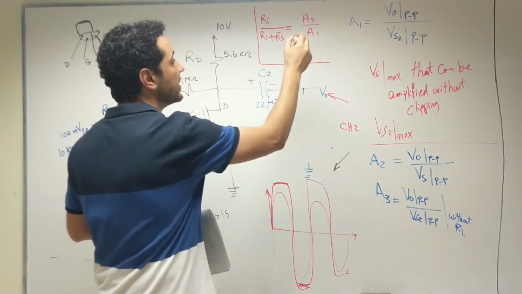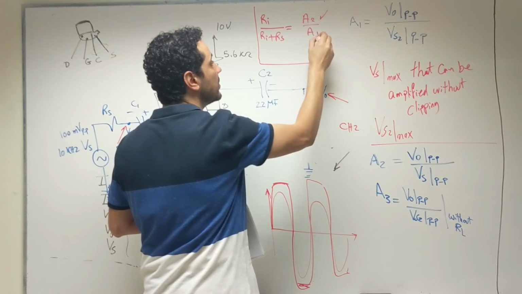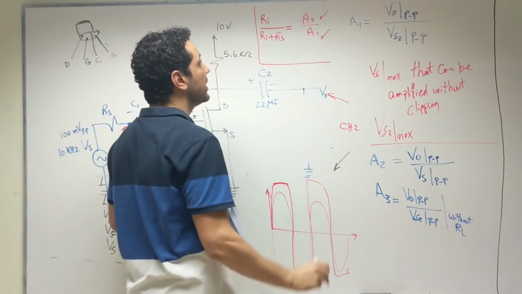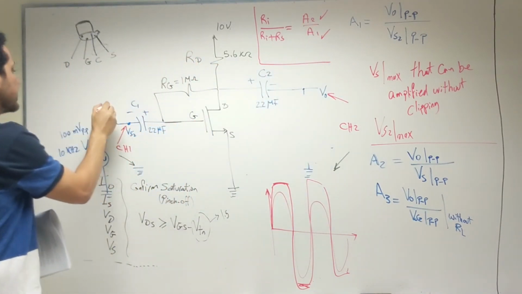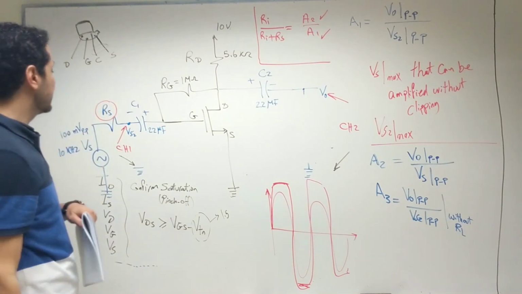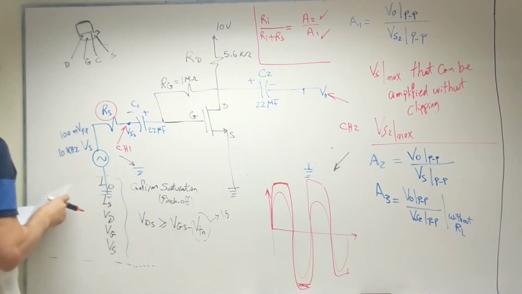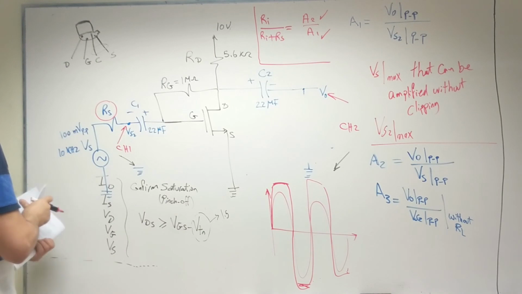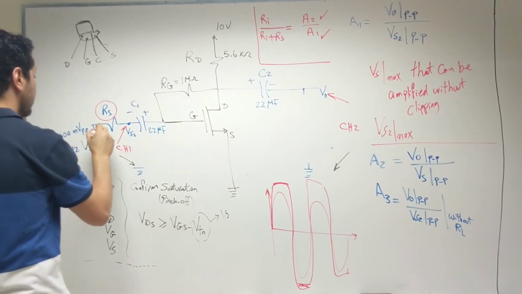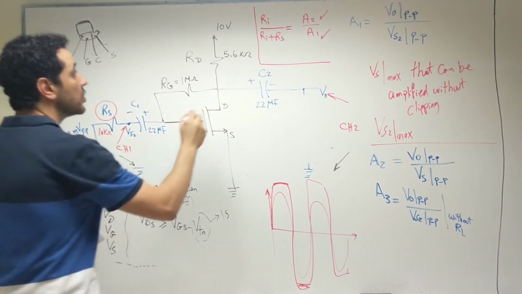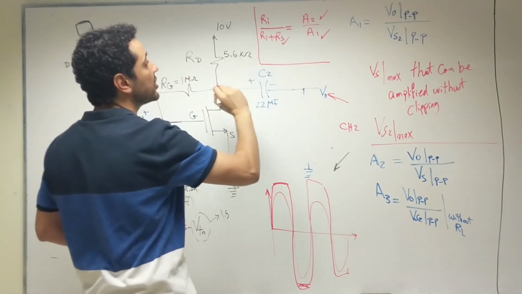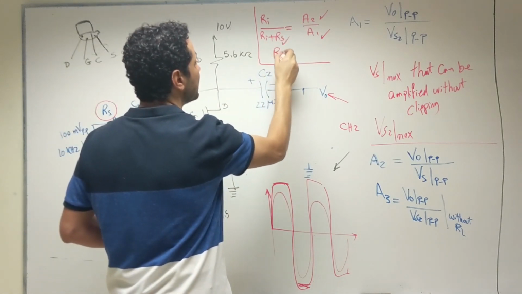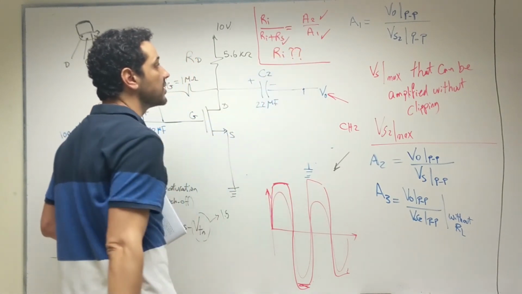Of course, we measured A2 and A1, and we already have RS. RS is the value of this resistance, which is used as 10 kilo ohm. So we know RS. So from this equation, you can calculate the value of the input impedance of the amplifier.